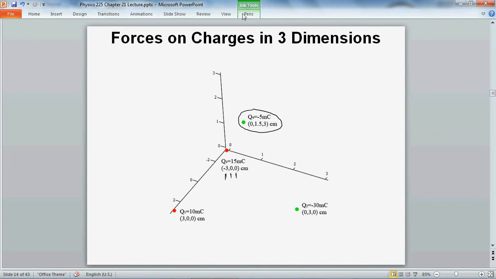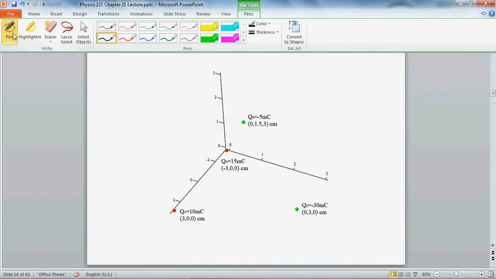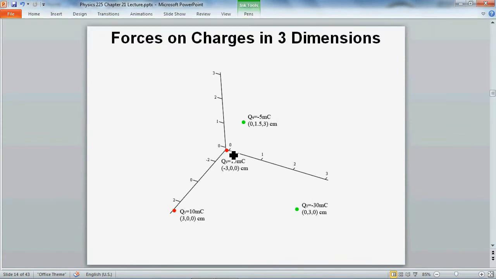Let's look at directions of forces, just to get an idea of what we're looking at. With charge Q1, there's going to be a force due to charge Q2, and it's going to be attractive, so you're going to have one force going in this general direction.